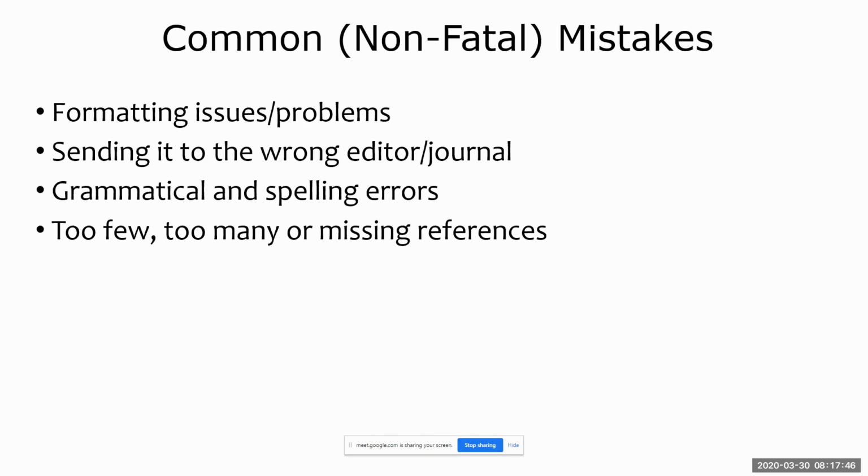With regards to references, sometimes people add references into the paper, but those references are missing from the reference list. So you have the citation, but you don't have the reference in the list. That is also a common mistake, but it's non-fatal, but it's not good to have something like this.